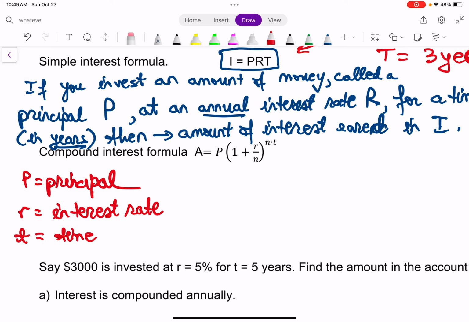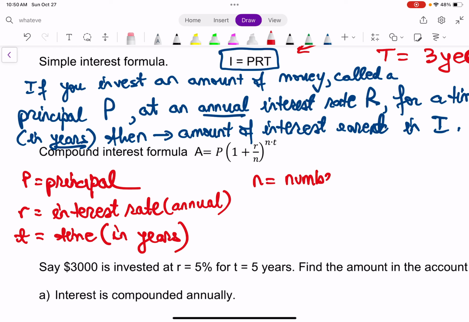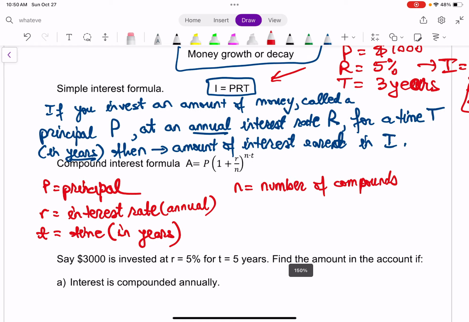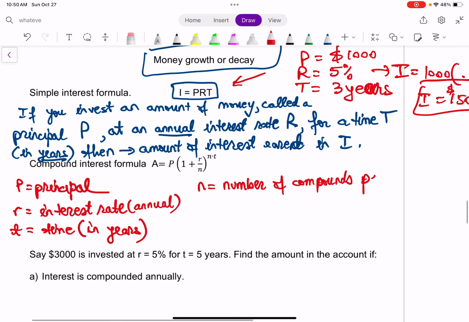And by interest rate, we mean annual interest rate. And by time, we mean the time in years. Okay. And then N is the number of compounds per year. And I'll explain what this means in a minute.